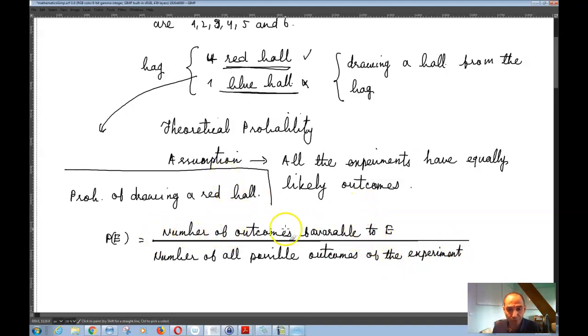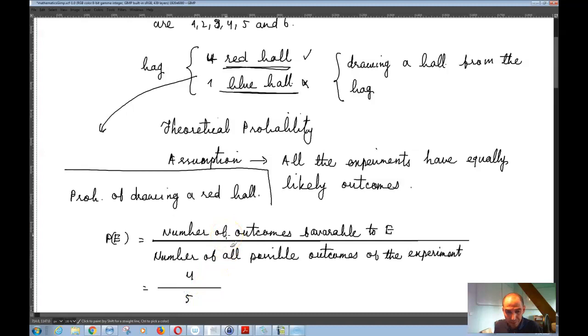Now, the number of outcomes favorable to E would be, suppose that I'm drawing a ball and calculating the probability of drawing a red ball. That would be 4, meaning that if I draw any of these 4 balls, that would be the number of outcomes favorable to E. And the number of all possible outcomes of the experiment would be 5, because I have 5 balls over here.